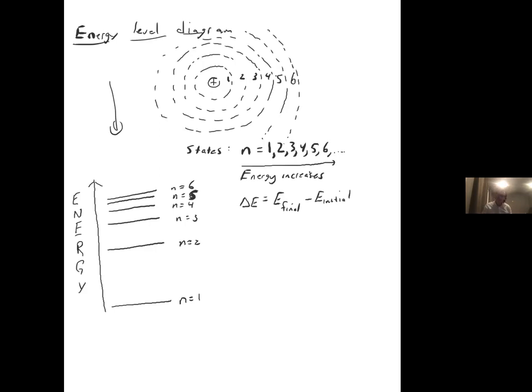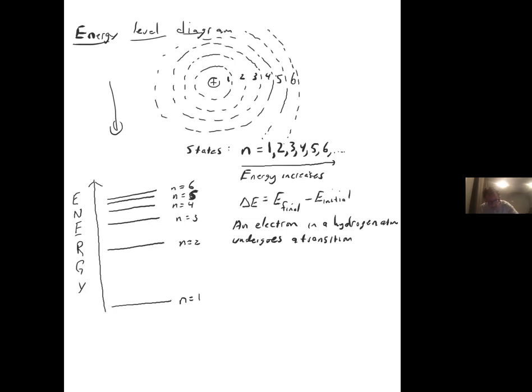And so let me give you a little bit of notation here. Suppose we say an electron in a hydrogen atom undergoes a transition. How do I spell transition?